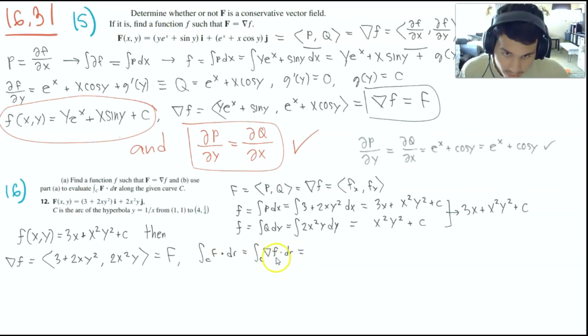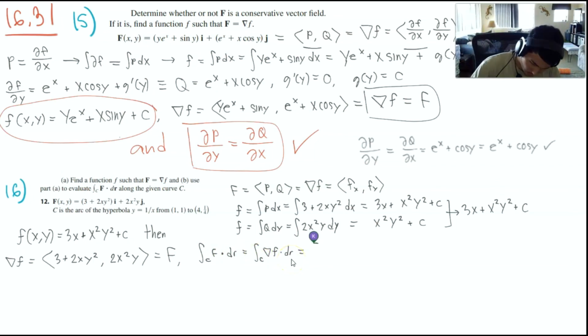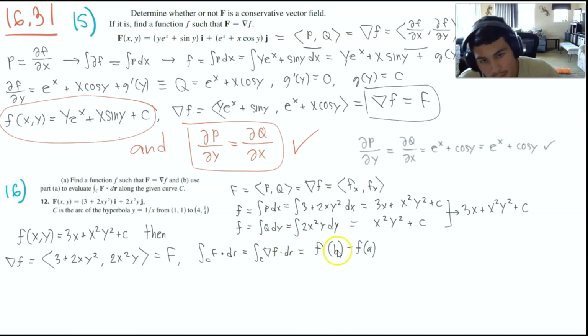But if you have this, and they equal each other, you could use the fundamental theorem of line integrals, which is f of b minus, not big F, little f, f of b minus f of a. But we need to find what b and a is, right? We kind of don't know what it is yet.